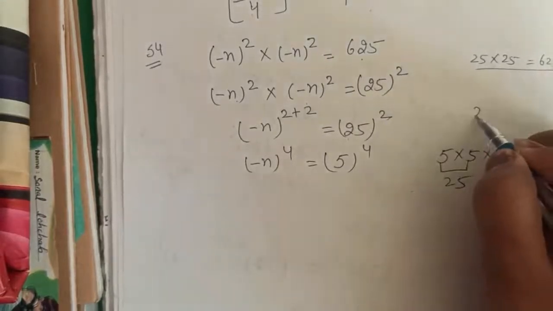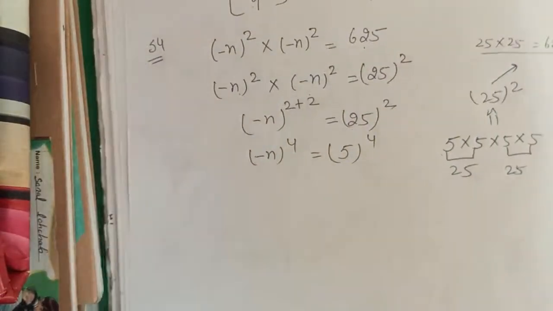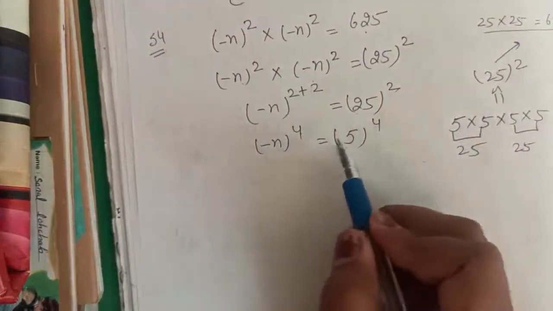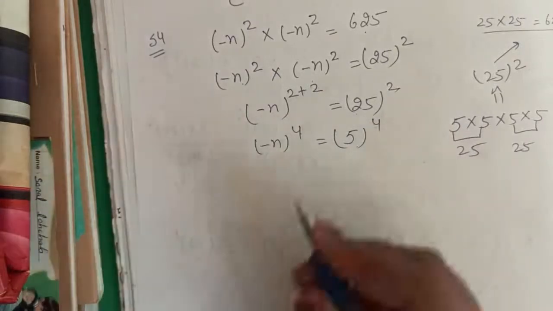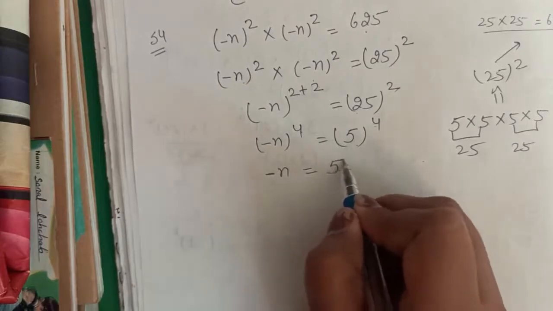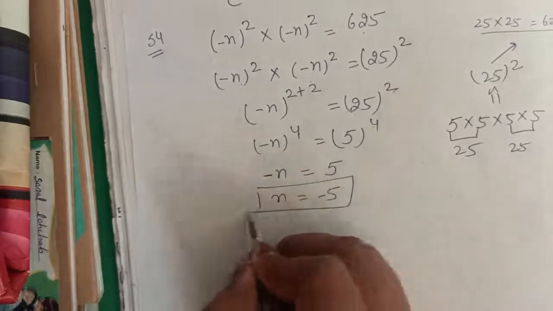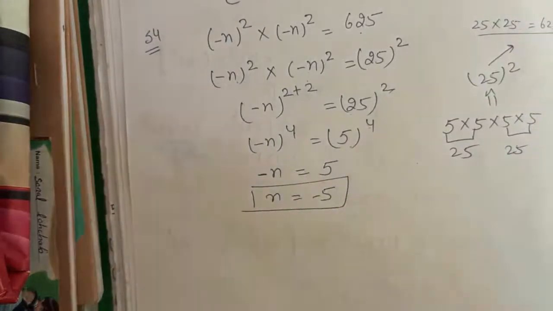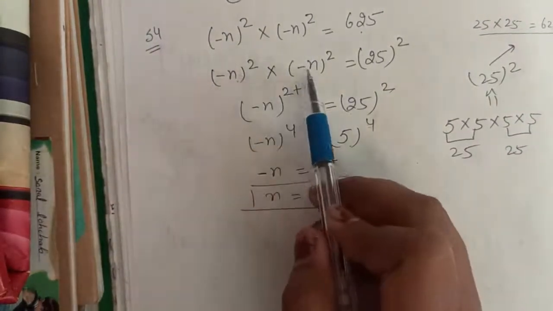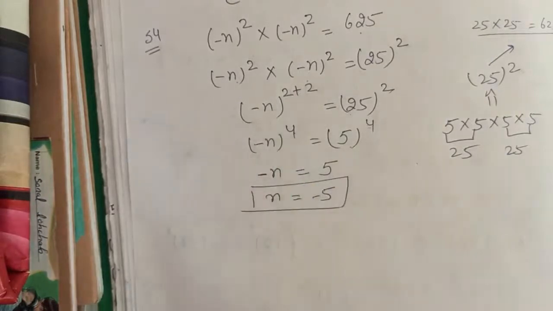Indirectly this has become 25 squared and 25 squared, it equals 625. Now the powers are also same. It means the values of the bases are also same, and the value of minus n is 5, or the value of n is minus 5. Clear? You can go with the bases also, but then you will have to square it, right? So to remove that, I will do it like this.